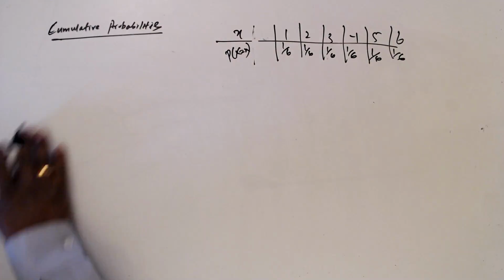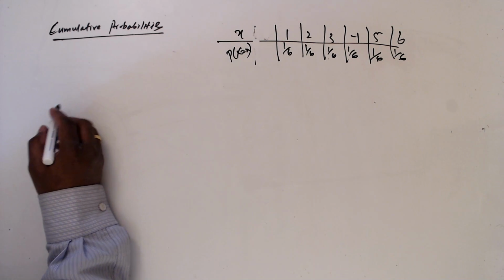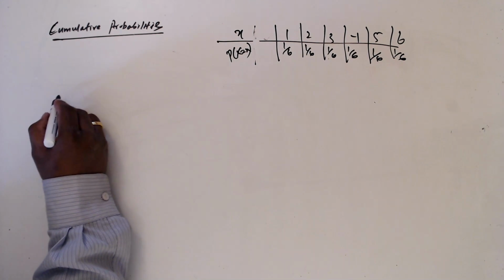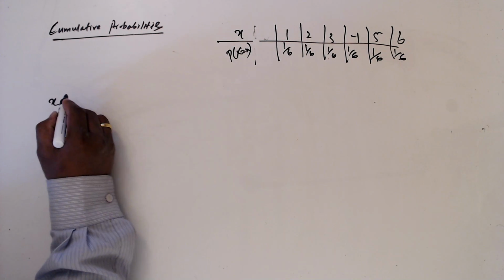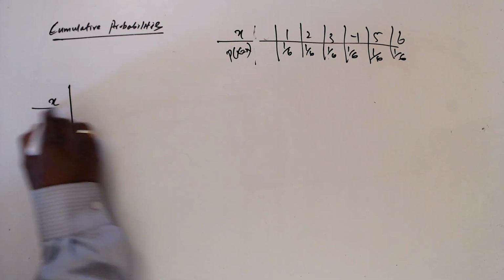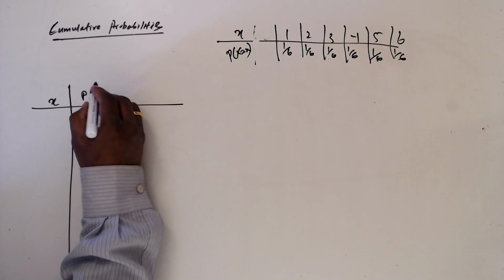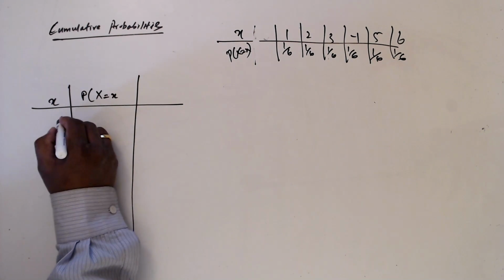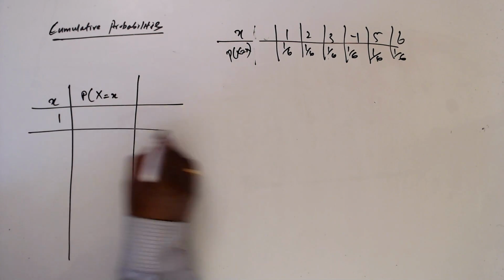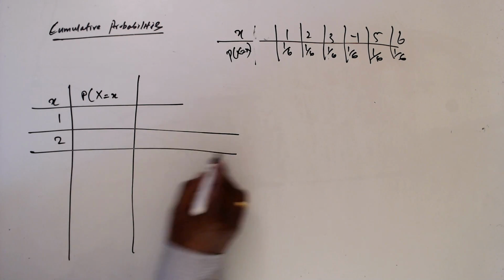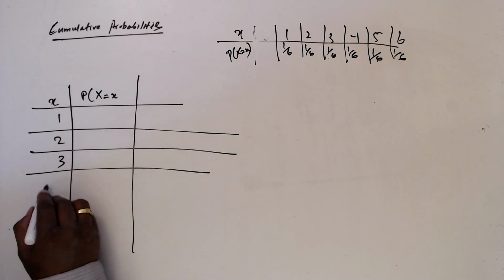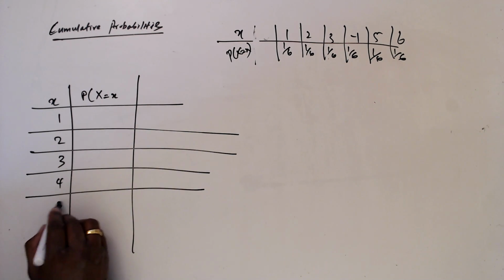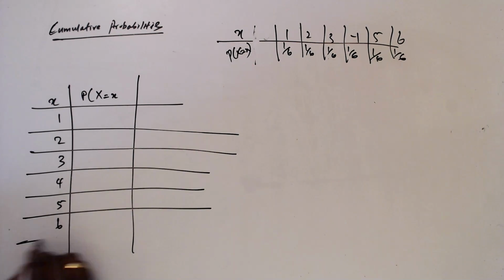Let me write it like this as well. X value, probability of X equal x. So 1, 2, 3, 4, 5, 6.